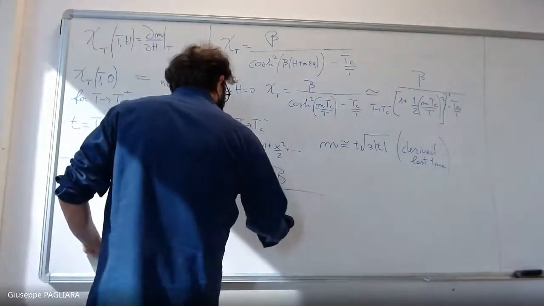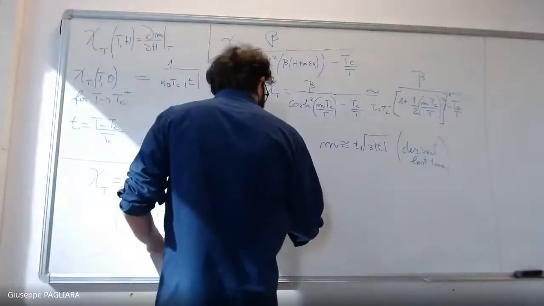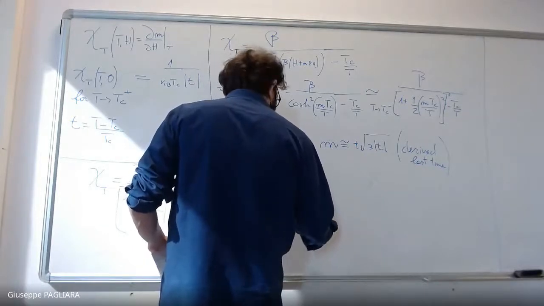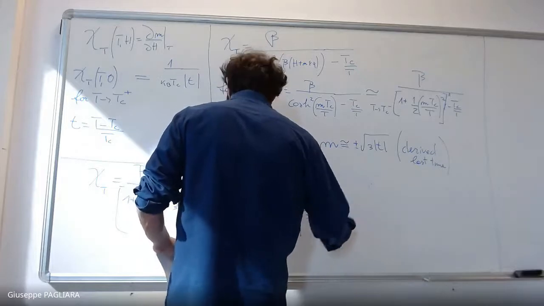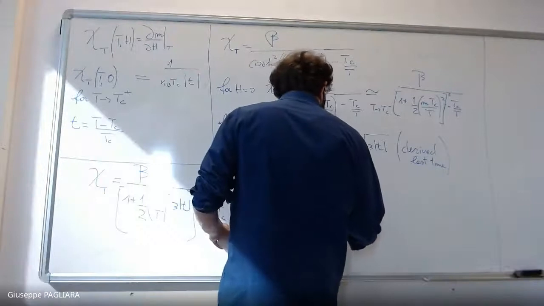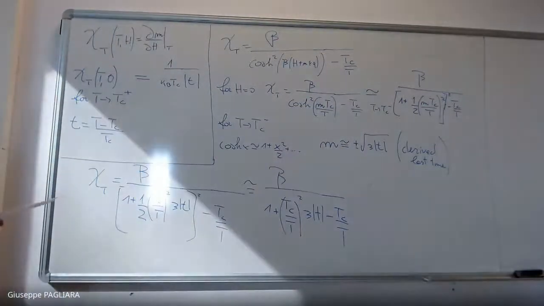So this is beta, 1 plus Tc divided by T squared, then I have a 3t, and minus Tc divided by T. Let's see if it is right. 1 plus 3t minus Tc divided by T. I think it's correct.